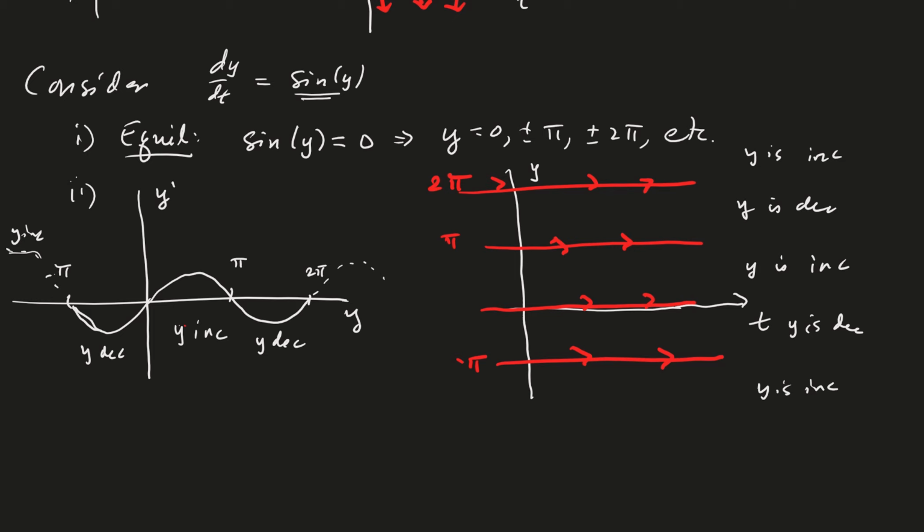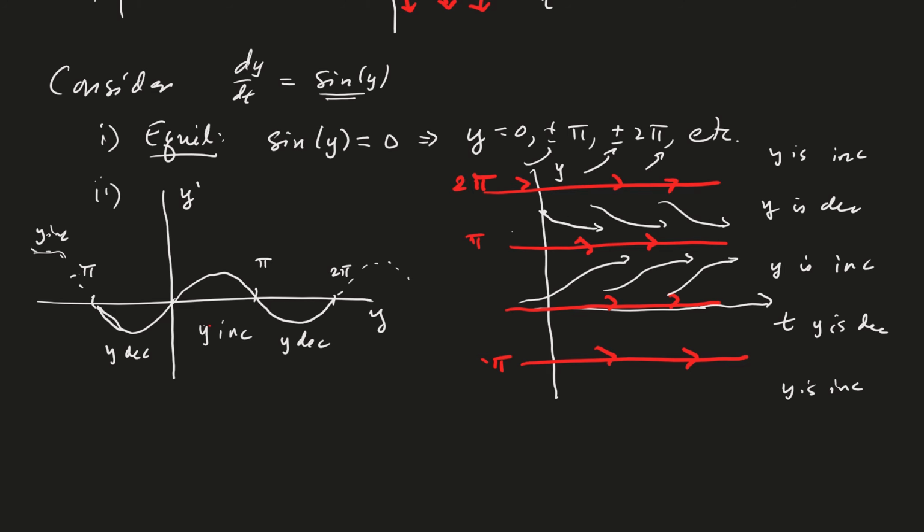If we sketch in what's happening, for example, between 0 and pi, the solution curves are going to be looking something like that. Between pi and 2 pi, our solutions are going to be dropping down, and then above, we're going to be going up. Over here we'll be dropping down, and then here we'll be increasing.